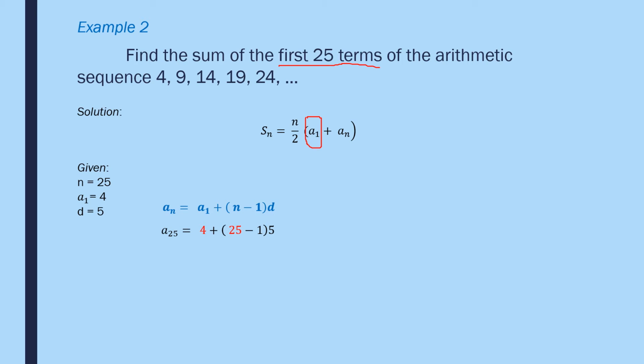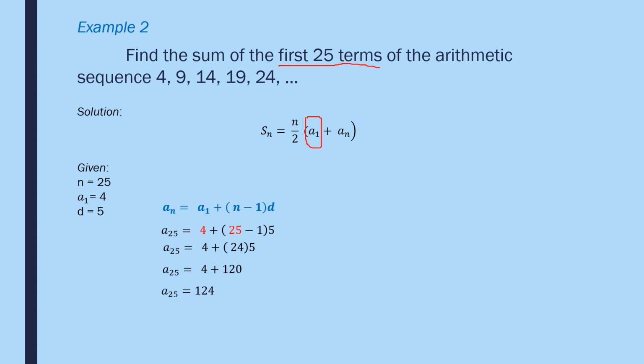So a sub 25 is equal to the first term 4 plus 25 minus 1 times 5, and then continue further. 5 times 24 plus 4, your a sub 25 is equal to 120 plus 4.